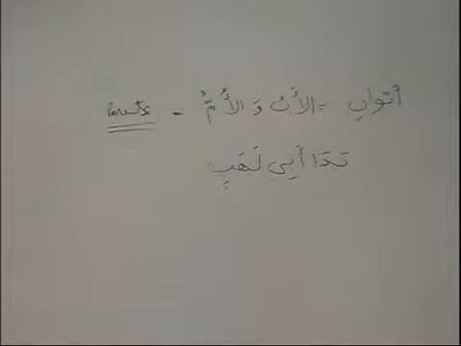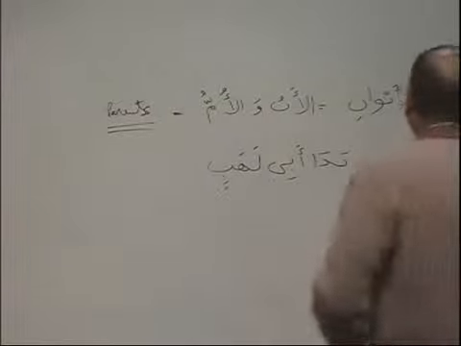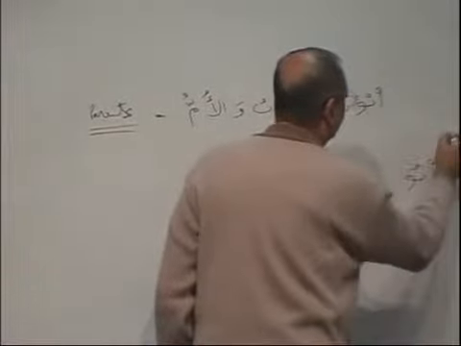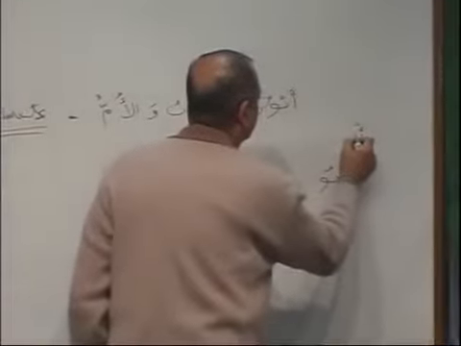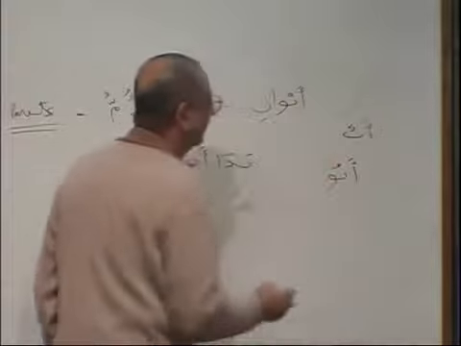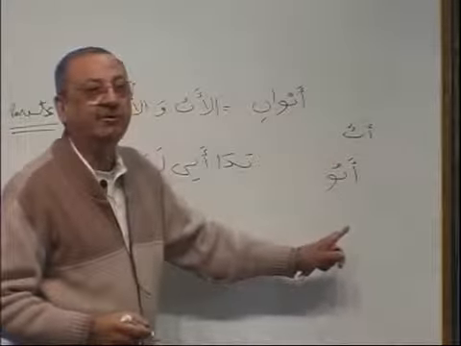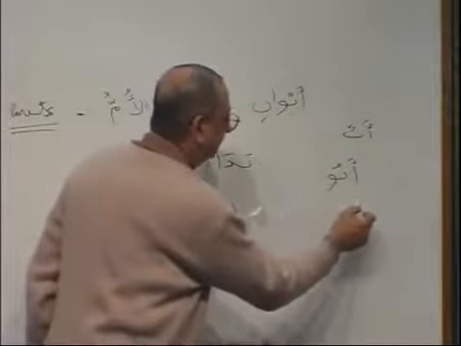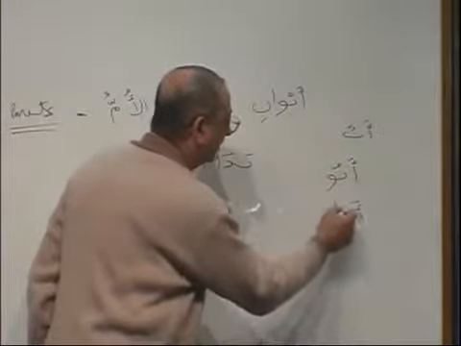When you say abu on its own, then there is no waw or alif or ya. Okay? Remember? You say abun. But when you make it mudaf, it will become abu. This is marfu. And this is mansub.